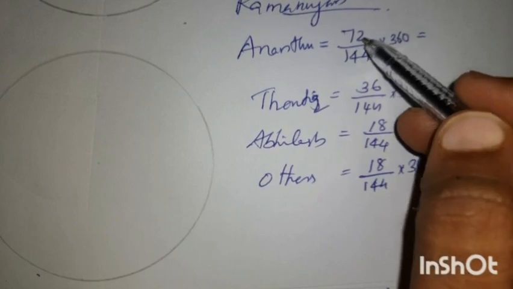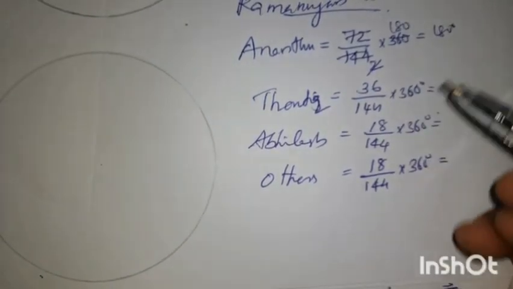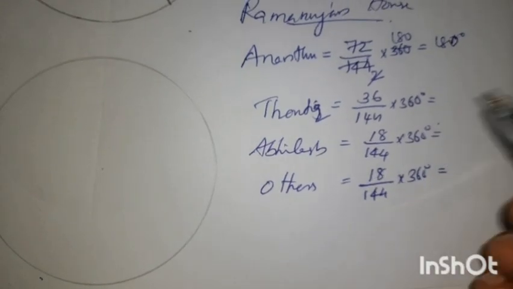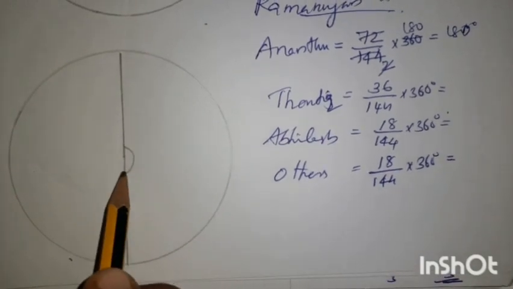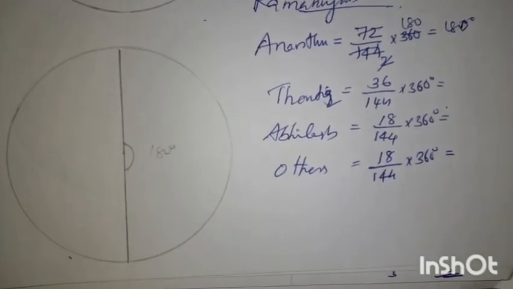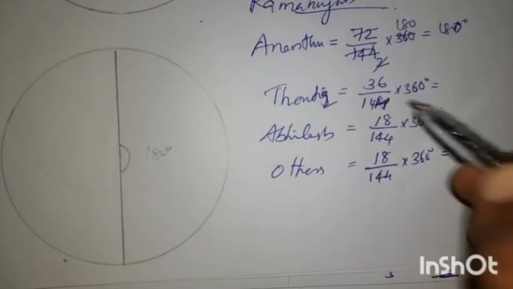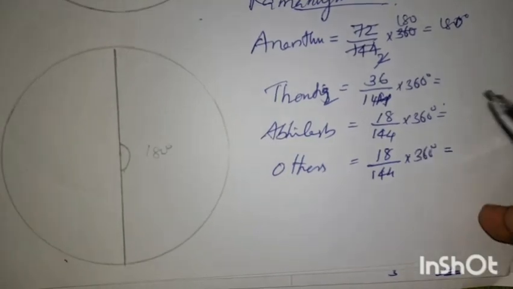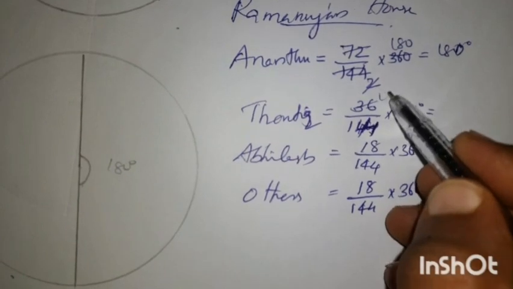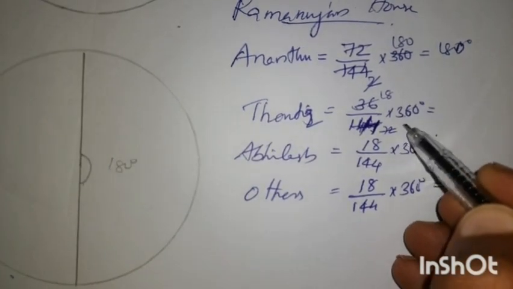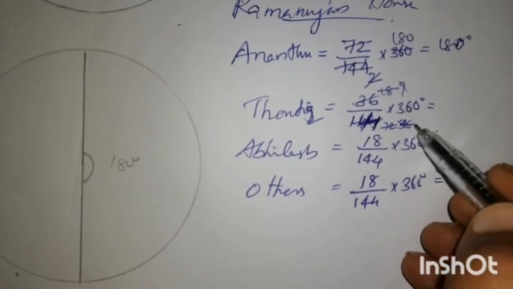Here, divide by 2 times, so again 180 degree you are getting as the answer. That you have to mark in the pie chart. So Anandu is 180 degree. Next one, 36 by 144 into 360. 36, 9, 4.